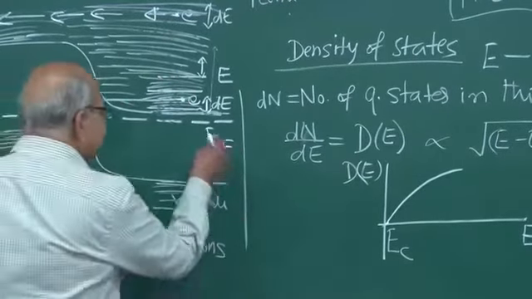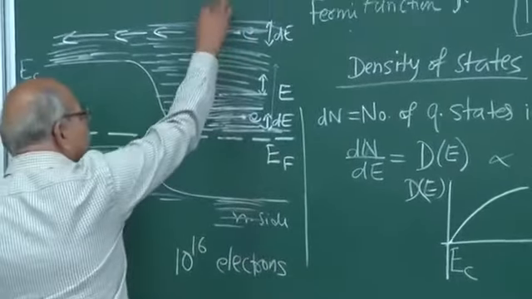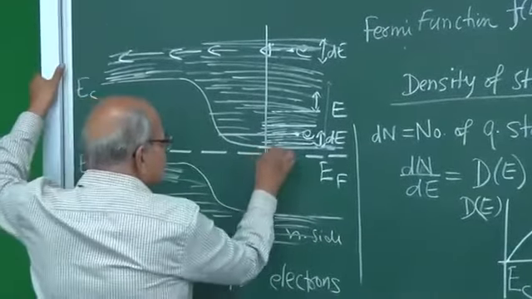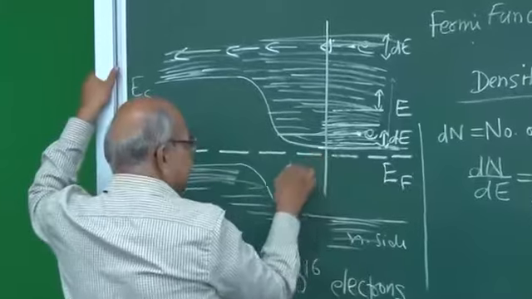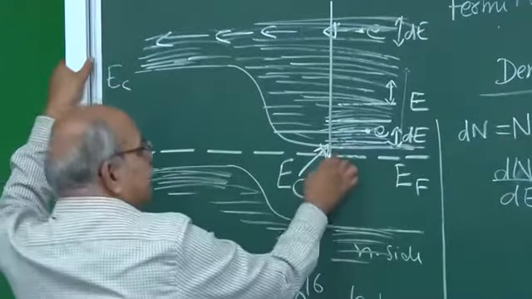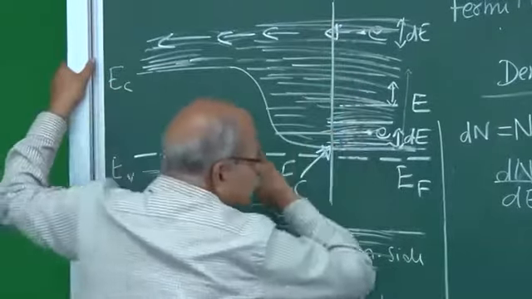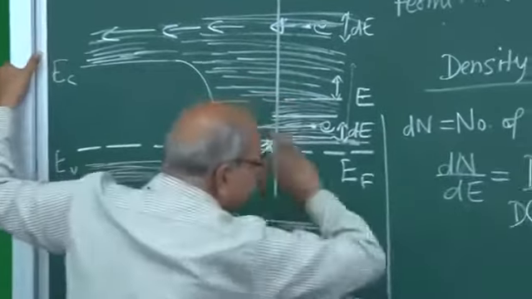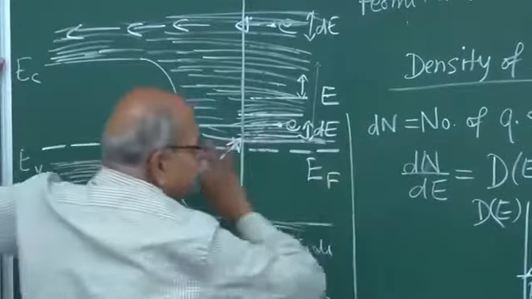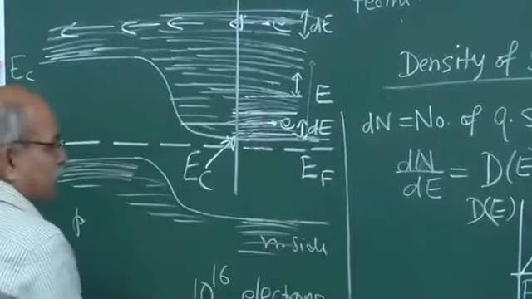You can plot this dE here also. If I draw a line here and energy is going up. So this point is energy EC, and energy is going up here. And if density of states, this dE I am plotting on this side, right. Energy is going up, and this dE I am plotting towards the right. What will happen?